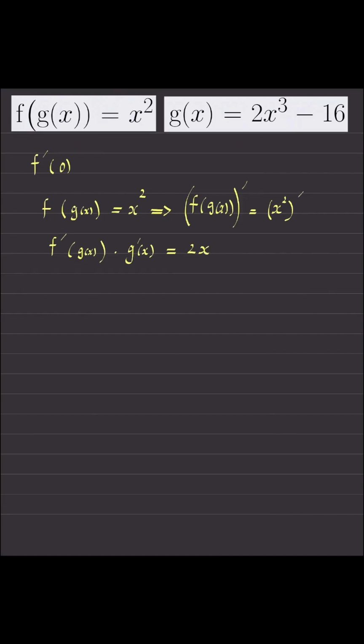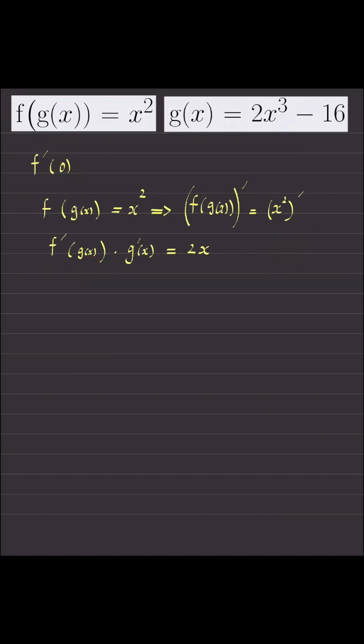But now, because I want to calculate f prime of 0, I have to ask myself for which value of x this expression is indeed 0, because if I can find that x, when I replace x with that number, this will give me f prime of 0, which is exactly what I want to calculate.